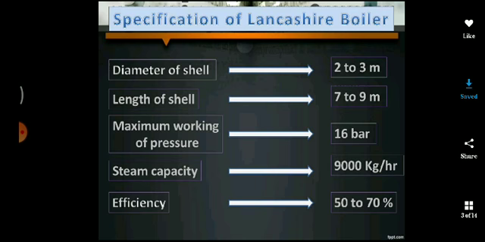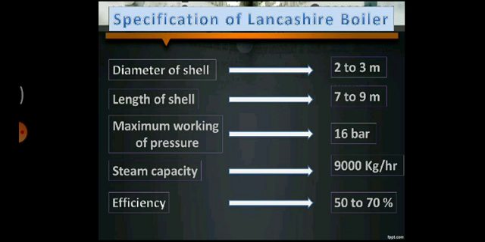So, specifications of the Lancashire boiler. The diameter of the shell should be taken as 2 to 3 meters, length of shell 7 to 9 meters, maximum working pressure 16 bar. The head should be selected properly for the working pressure.